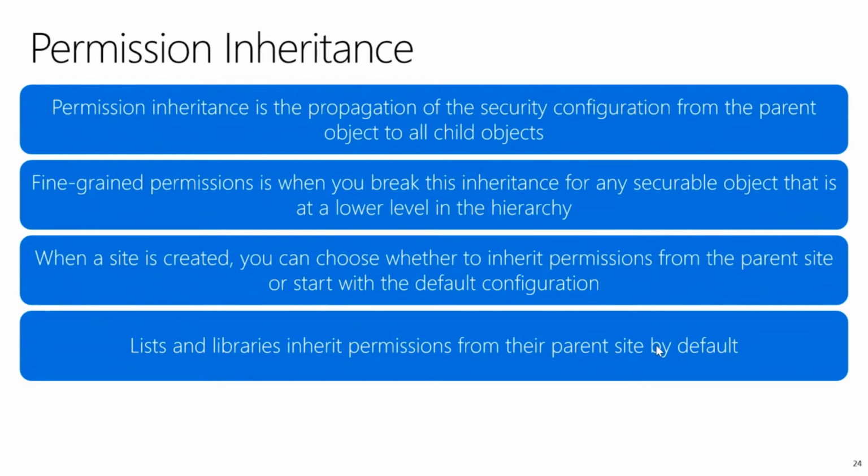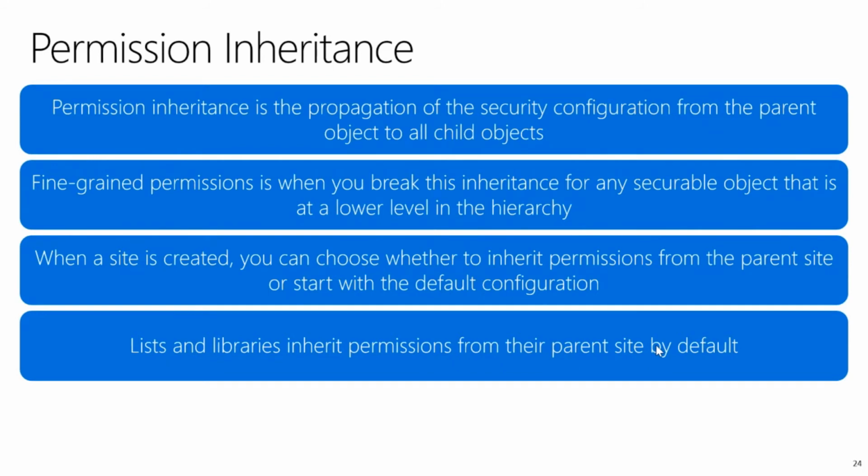Now, some of you may have observed while working with subsites in SharePoint Online that when we create a subsite, it offers us the choice of whether we want permission to be inherited in the subsite from the parent, or we want unique permission. So basically, if we say unique permission, we would be breaking the permission inheritance from the parent site. What is a securable object?